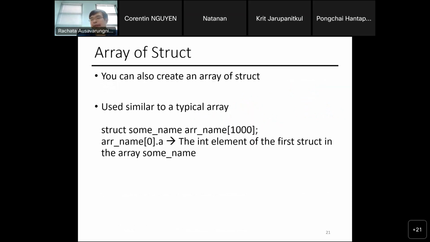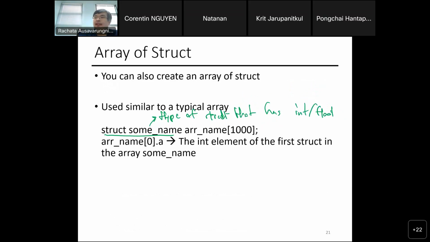That works. It basically acts like a typical array. Let's say you do struct somename. This is the type of struct that has the integer and the floating point. And you can do arrname[0].a.